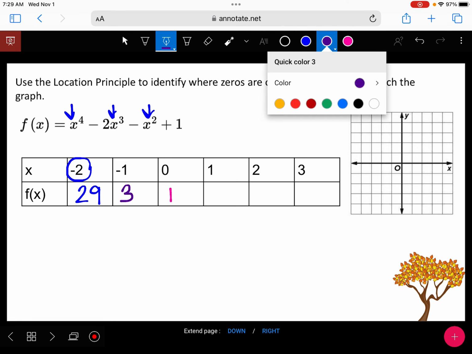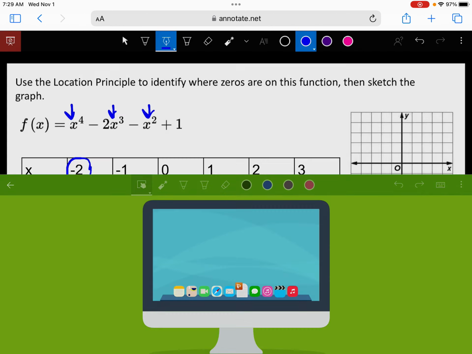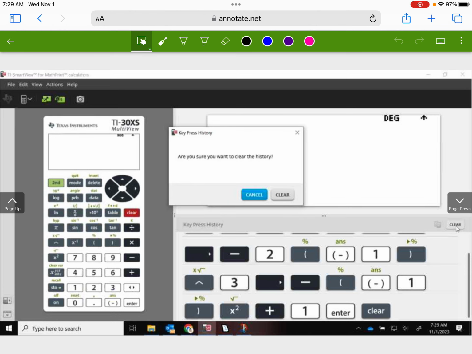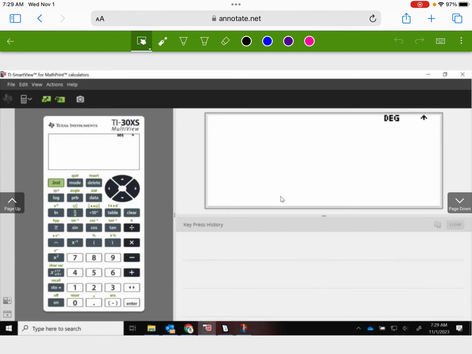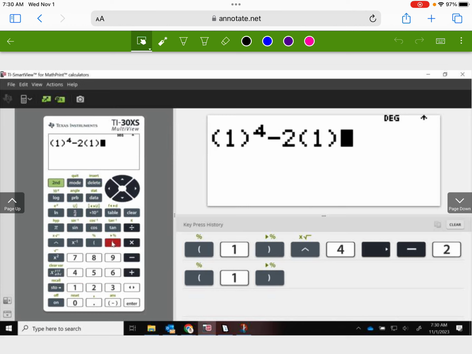And we are going to use our positive 1 next. And we are going to substitute it into our calculator. 1 to the 4th. Hit the right arrow to get out of the exponent. Minus 2 times 1 to the third. Right arrow to get out of the exponent.